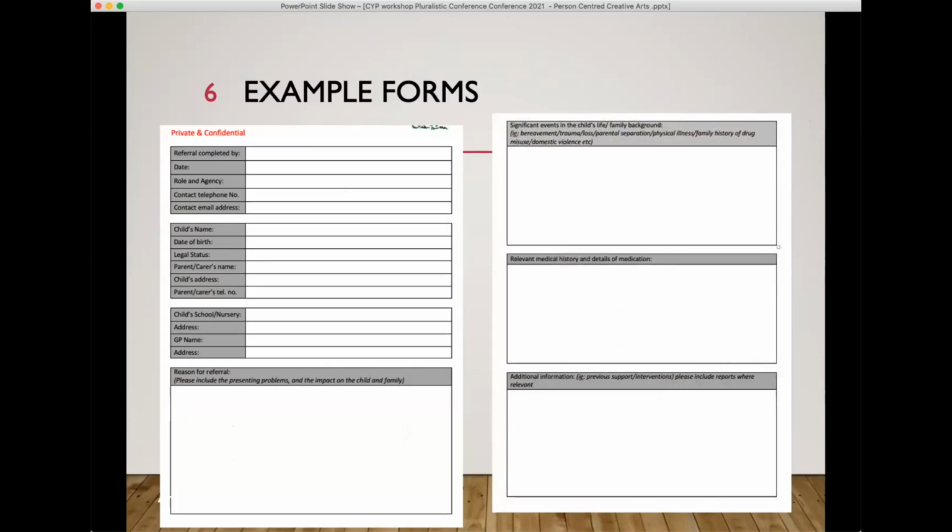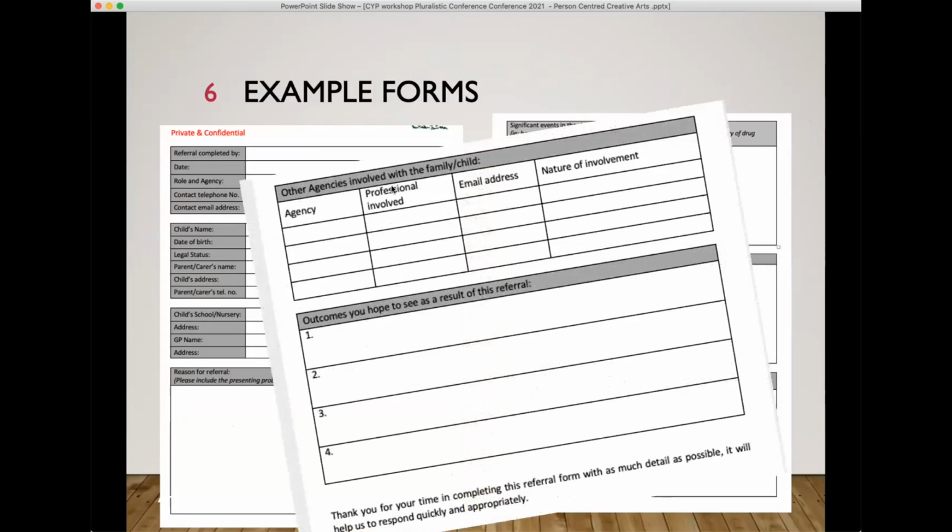Surprising how often this doesn't come into a referral, but anyway, has there been a recent bereavement or not? Medication, additional information, other agencies, outcomes that we hope to see as a result of the referral.